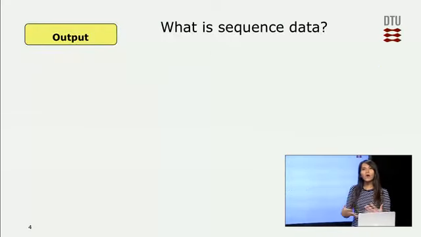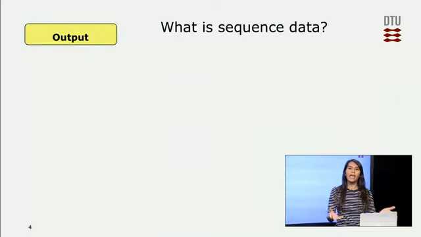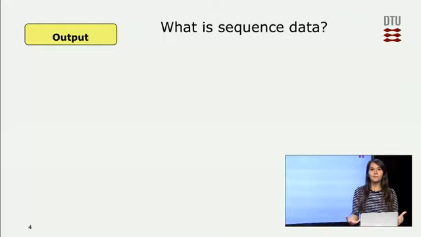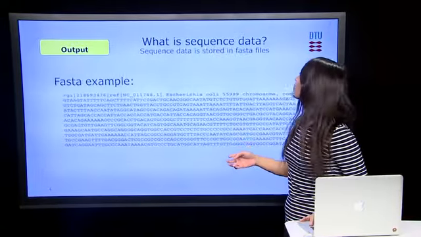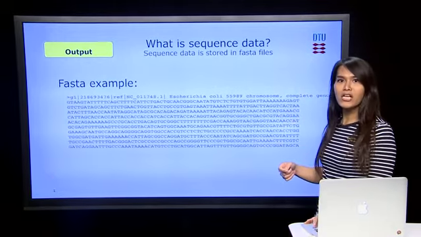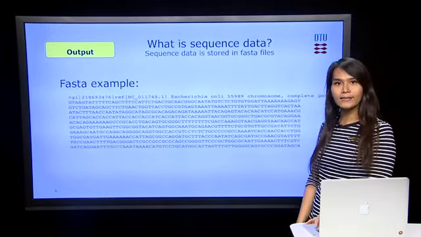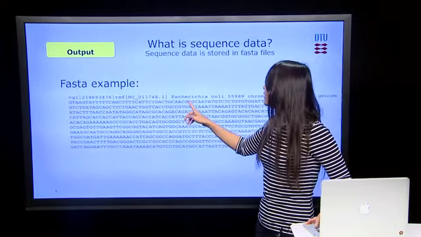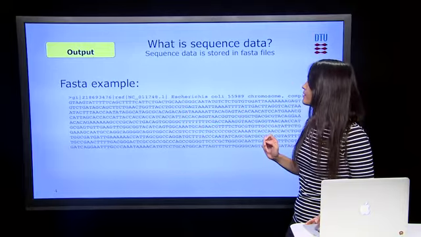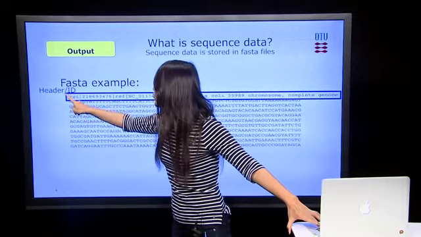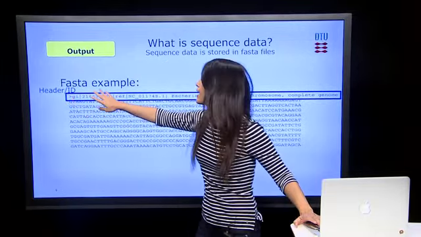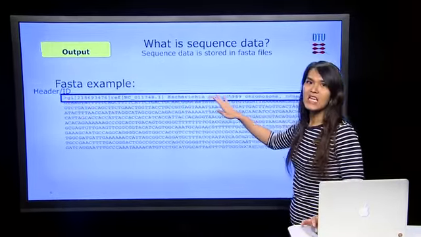Before we actually go and see what data you will get from the sequencer, let me tell you a little bit briefly about the standard format to store DNA information. The standard format to store DNA information we call FASTA files. A FASTA file contains two lines. The first line is a header that starts with a greater than sign like this, and then you can put any ID.